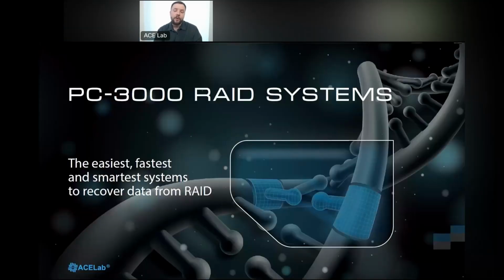Today I'll show you how to solve all these issues using our PC3000 RAID system, because it's the easiest, fastest, and smartest solution for RAID data recovery. And I will show how each issue can be solved.